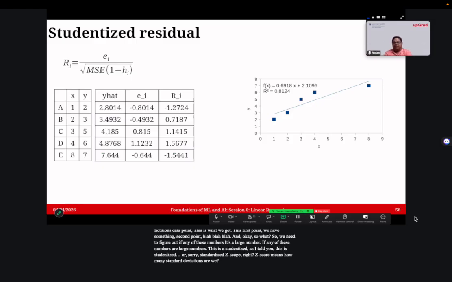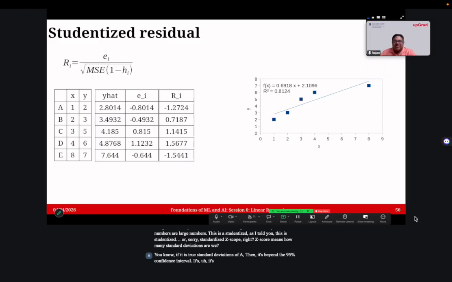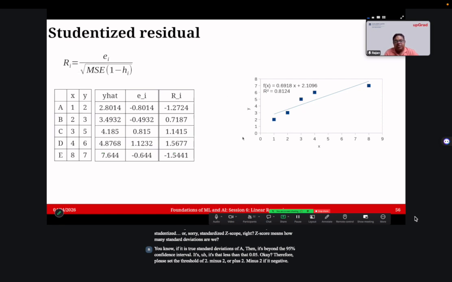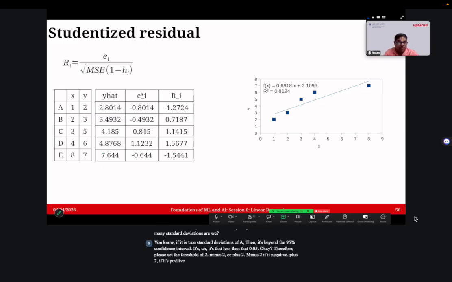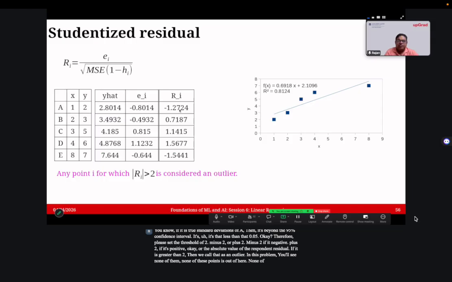We know that if it is 2 standard deviations away, then it's beyond the 95% confidence interval, less than 0.05. Therefore we set the threshold at -2 or +2. If the absolute value of the studentized residual is greater than 2, then we call that an outlier. In this problem, none of these points is an outlier.